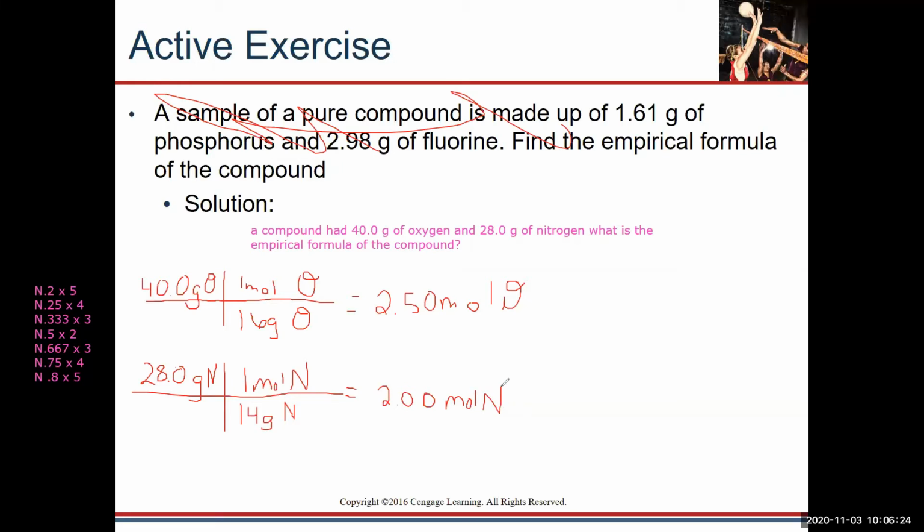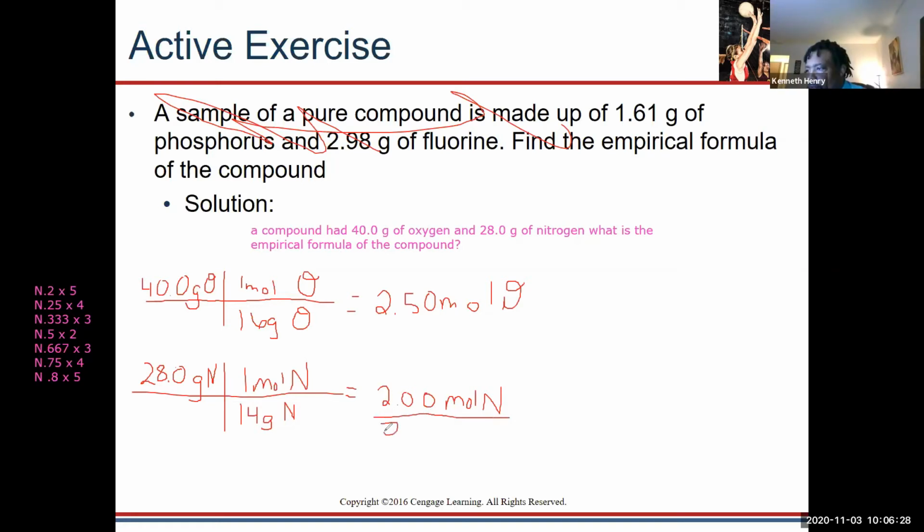Divide by the smallest. The smallest is nitrogen.